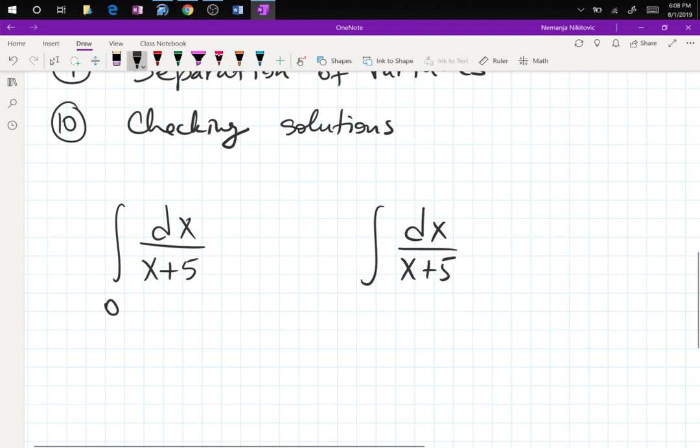This one is going 0 to 1. This one is going, actually let's go negative 10 to 10 and 0 to 10. There is a huge difference between these two. To Calc 1s, no difference at all.